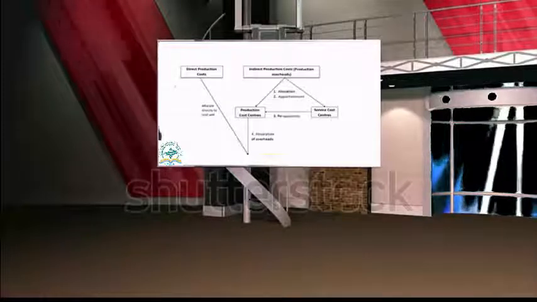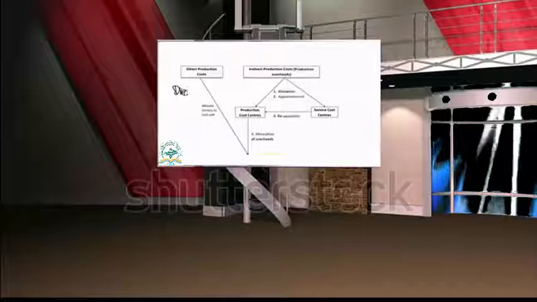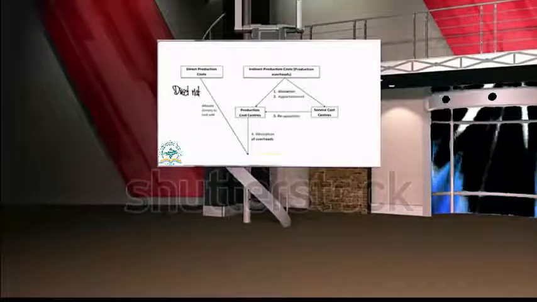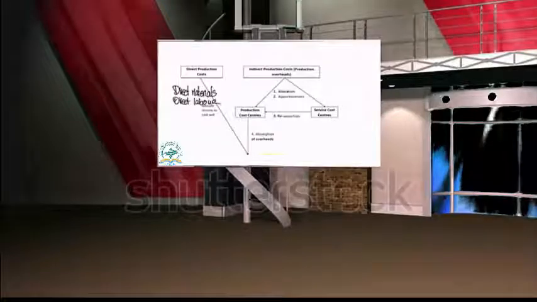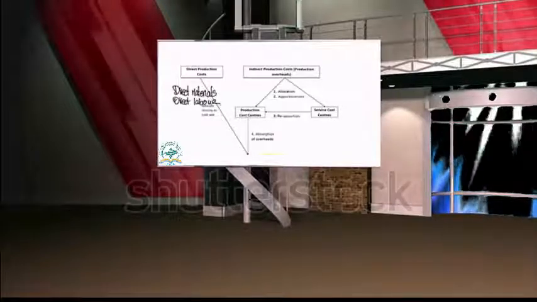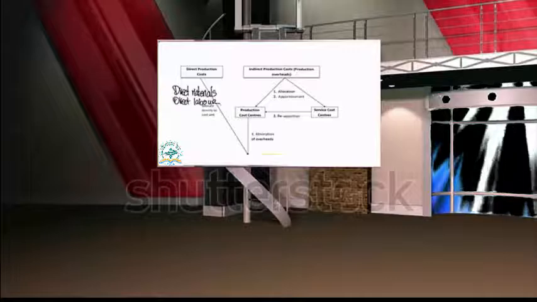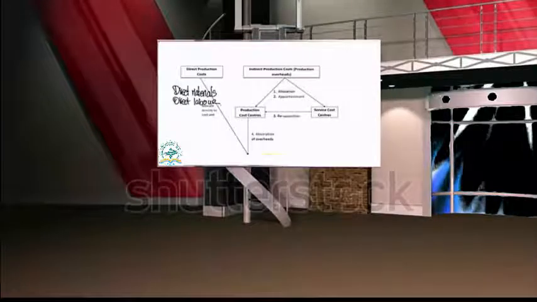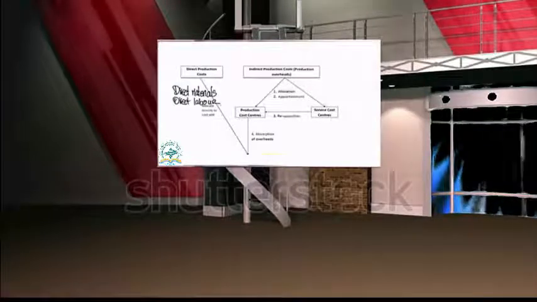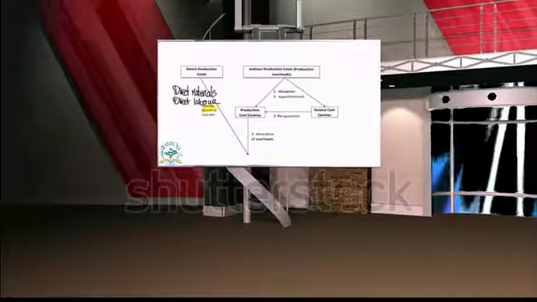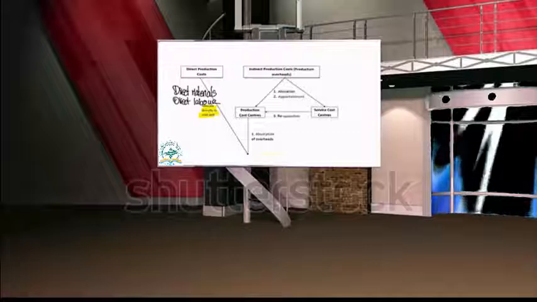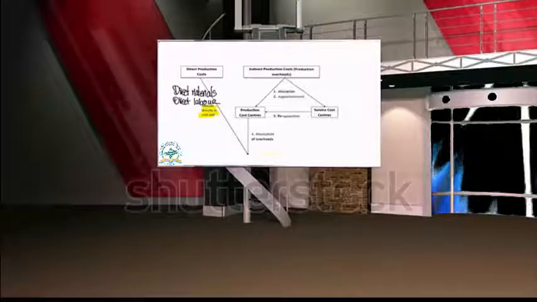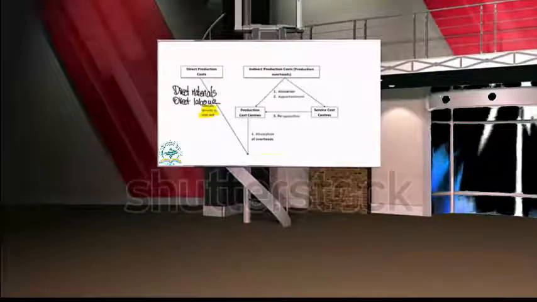So our direct production costs are likely to include direct materials and direct labour. Now, by definition, we should know how much we spend on each of these components per unit of output. So we can allocate those costs directly to the cost unit. And that should be a reasonably straightforward process.